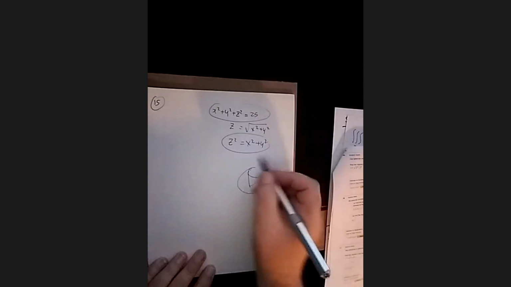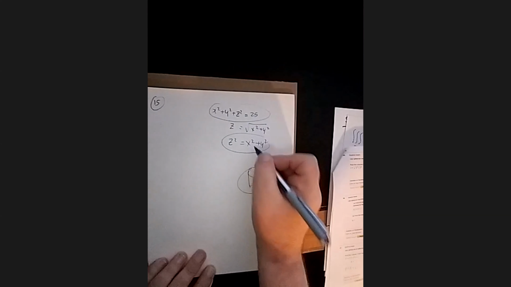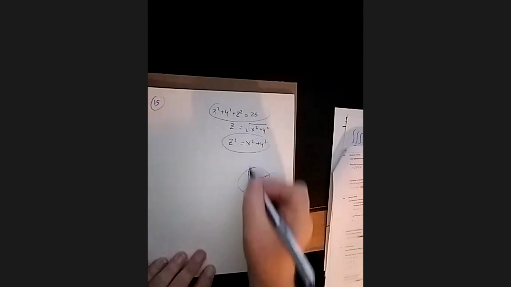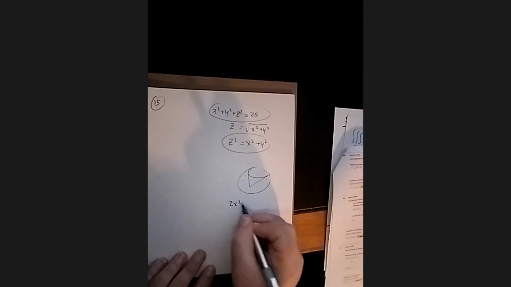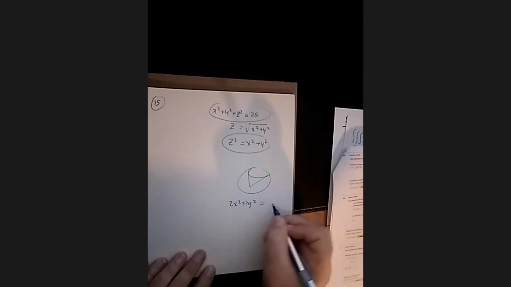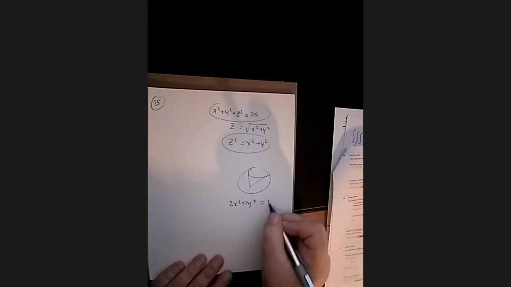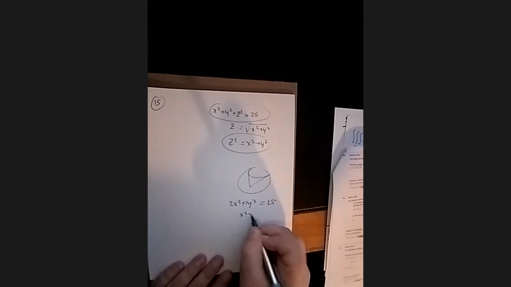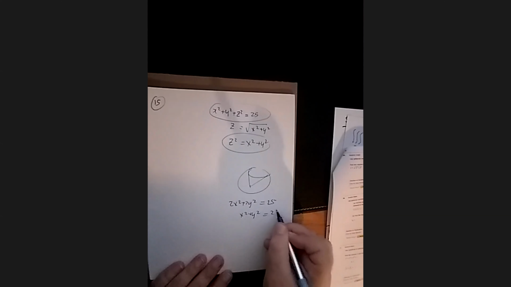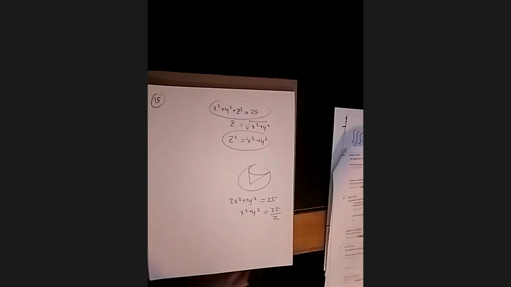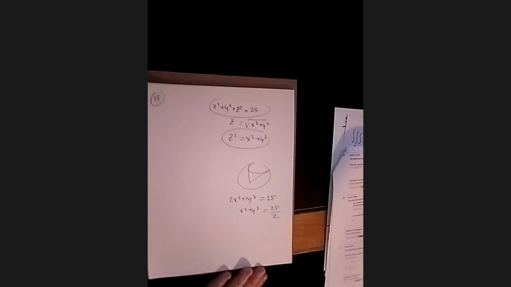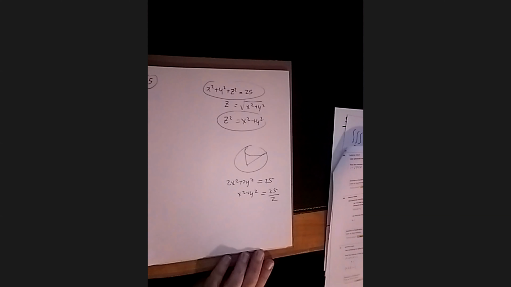So I'm trying to find out when this and this match up. And if I do that, I believe I get 2x squared plus 2y squared equals 25, so x squared plus y squared is 25 over 2. Are you happy with that?